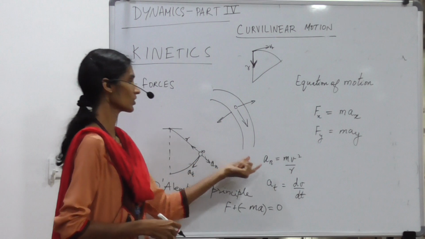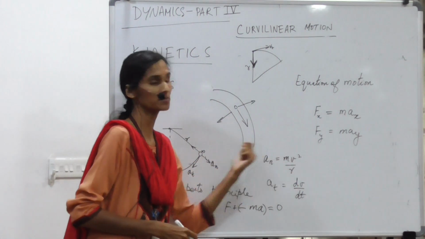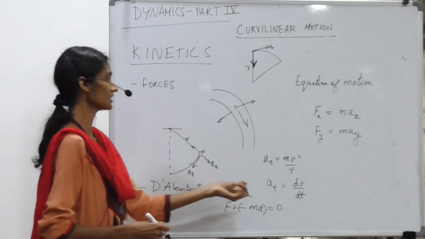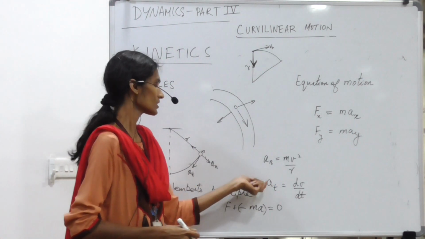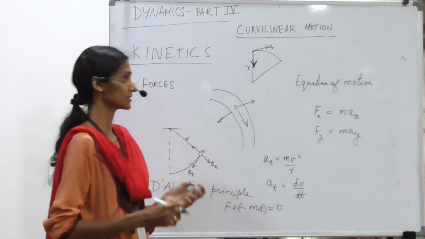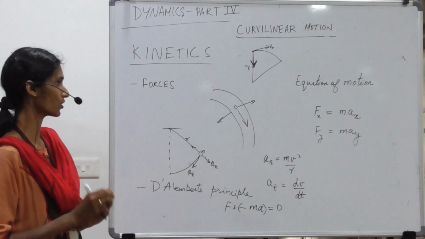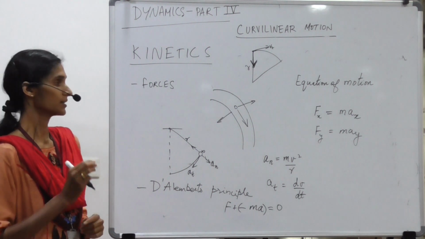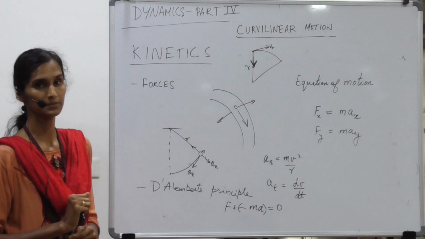Now this is called the normal acceleration, which is given by v square by r, which is different from the tangential acceleration as we have seen before. So the tangential and normal acceleration are two components of the acceleration which will be acting on the body when the body undergoes motion in a curved path.